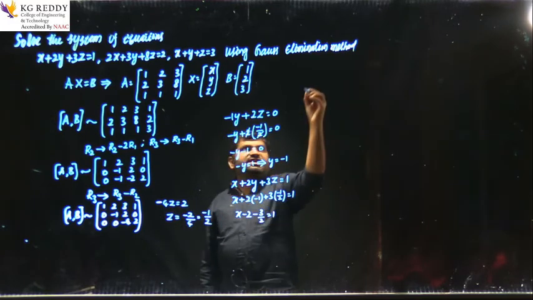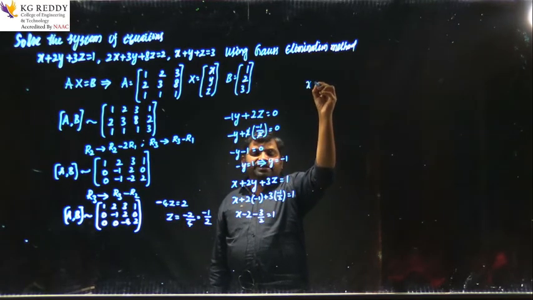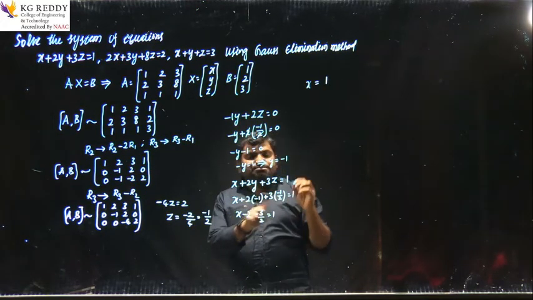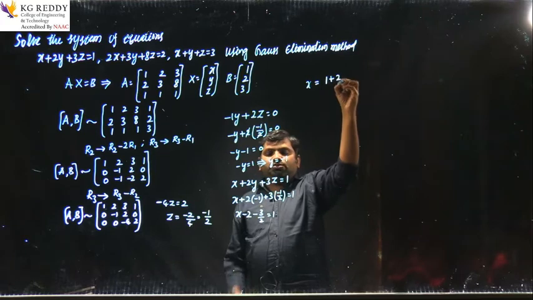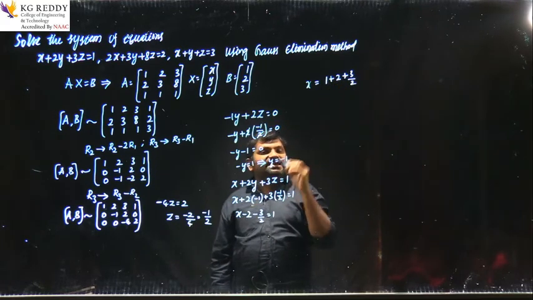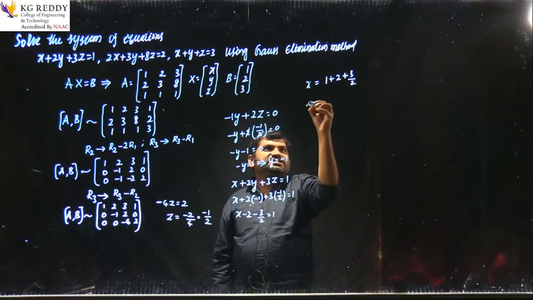Now we need to find the x value. Therefore x equals, on the right side we already have 1. This minus 2 comes to plus 2, and minus 3 by 2 also becomes plus 3 by 2. Taking the right side, x equals, with LCM 2: 2 ones are 2, 2 twos are 4, plus 3, so 2 plus 4 is 6, plus 3 is 9. So x equals 9 by 2.